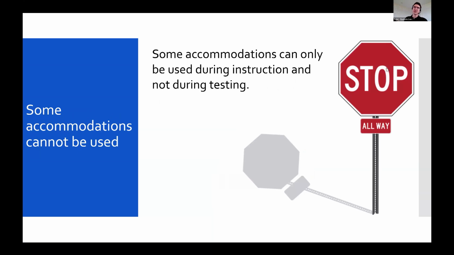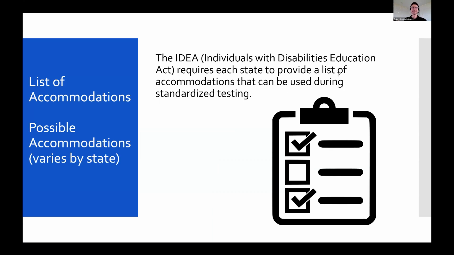Also, some accommodations cannot be used. Some accommodations can only be used during instruction and not during testing, and that's something to pay attention to. The Individuals with Disabilities Education Act, or IDEA, requires each state to provide a list of accommodations that can be used during standardized testing.